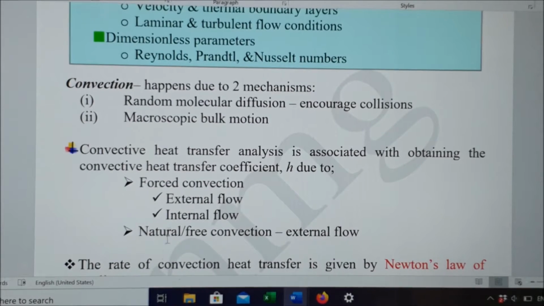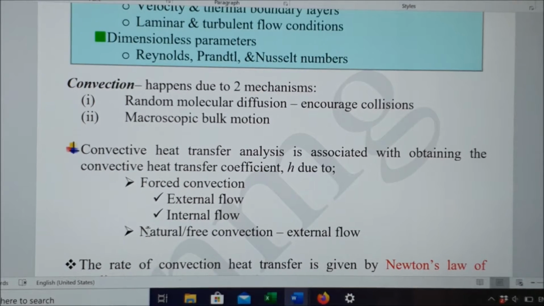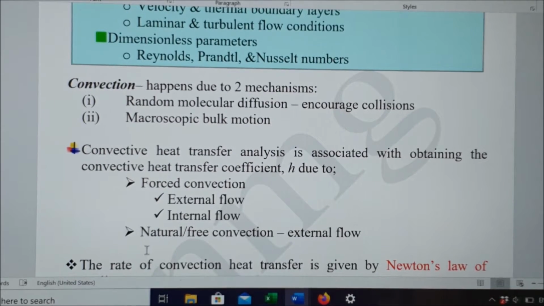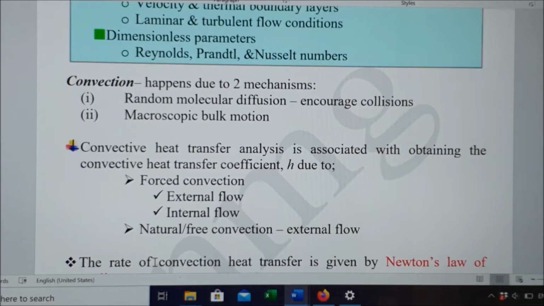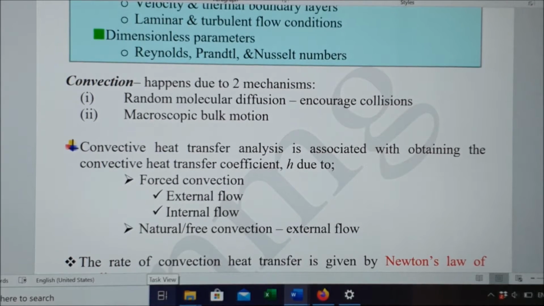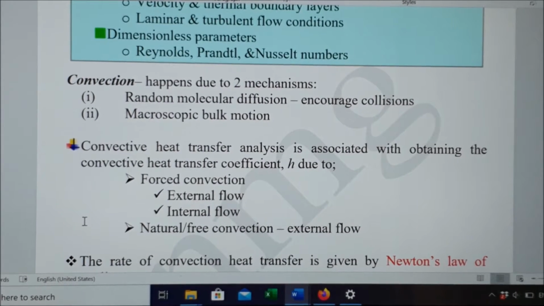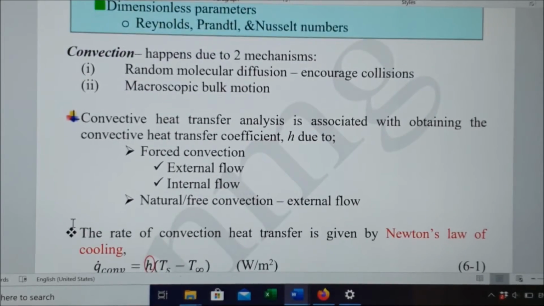Before, h was given as a constant value, but in this topic we'll look at how h varies, whether your convection is forced, which means it requires external forces like a fan or a pump. In forced convection, there are two types, external flow and internal flow. The second type of convection is natural or free convection, which does not need any external forces like a fan or a pump, and only occurs in external flow.